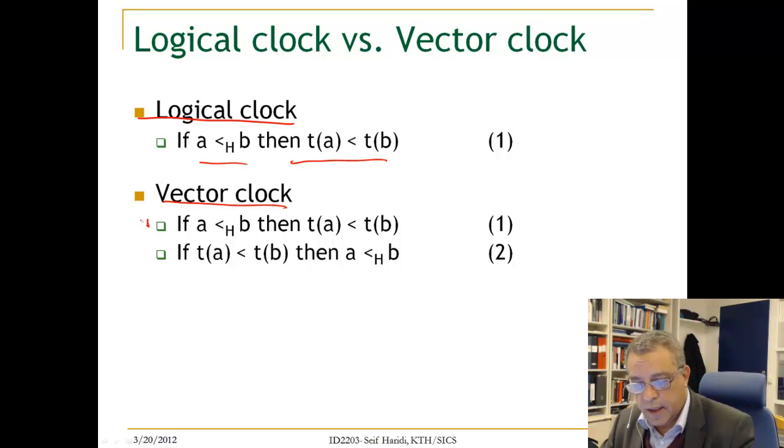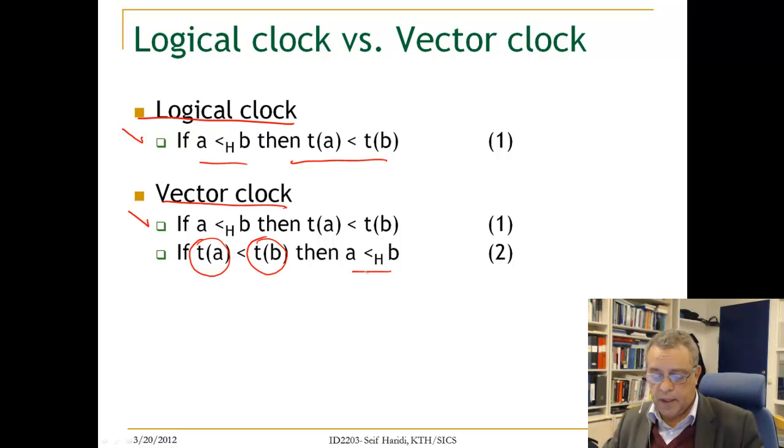We know that as in logical clocks, but we also know that if we look at the timestamps and one is less than the other, then we know that A happens before B.